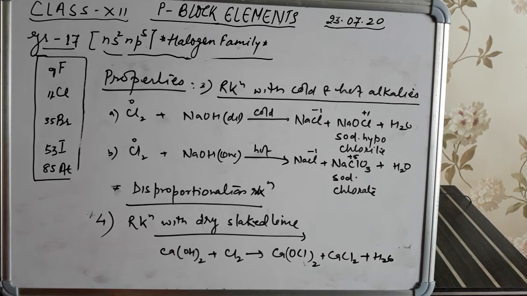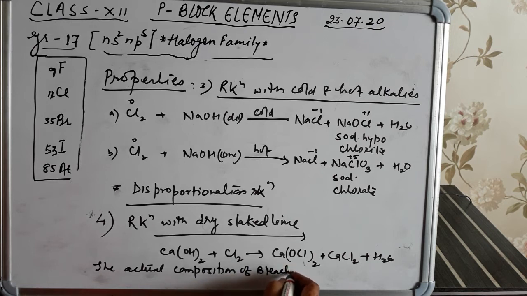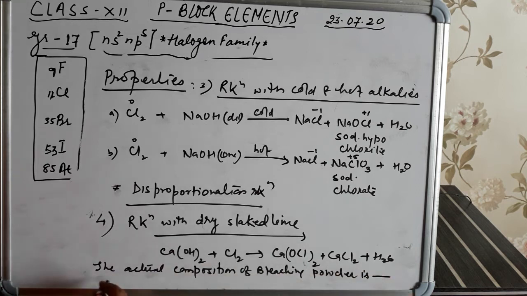So students, the actual composition of bleaching powder, write down the reaction, is calcium oxychloride, in which calcium chloride is combined with calcium hydroxide and water molecules.